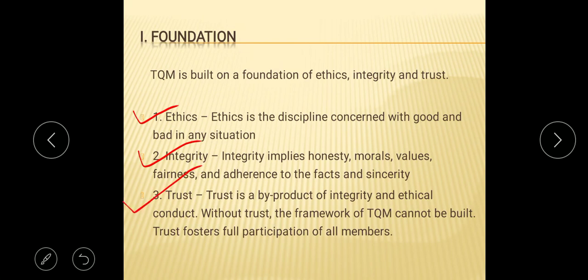The next thing is trust. Trust is a byproduct of integrity and ethical conduct. Without trust, the framework of TQM cannot be built. Trust fosters full participation of all members. It allows empowerment that encourages pride, ownership, and commitment.